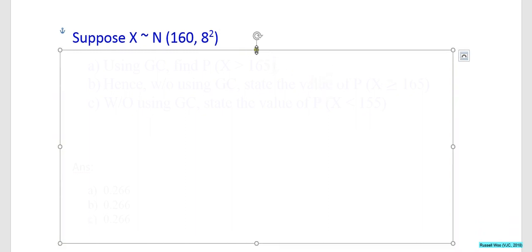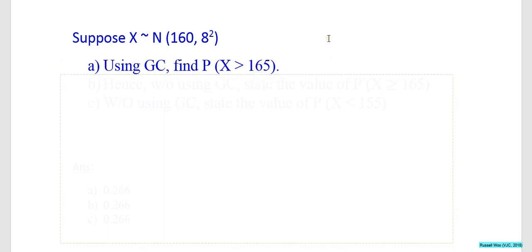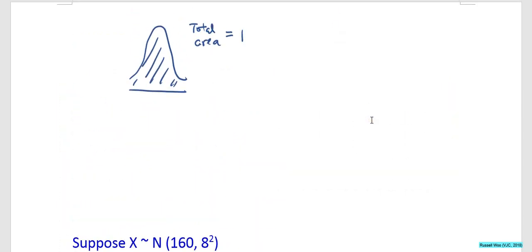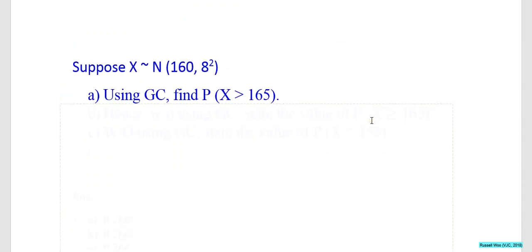Suppose X belongs to a normal distribution. Copy this question down. Quickly, using GC, what is the probability that X is greater than 165? X is the height of a randomly chosen student, with this mean.